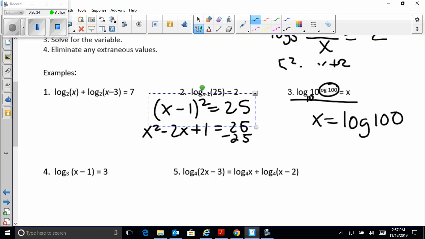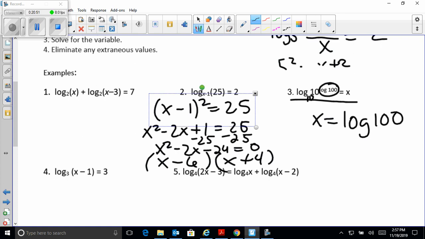Move this 25 over. You get x squared minus 2x minus 24 is equal to 0. So factors of negative 24 that add to give me negative 2, (x minus 6)(x plus 4). So two possible solutions, 6 and negative 4.